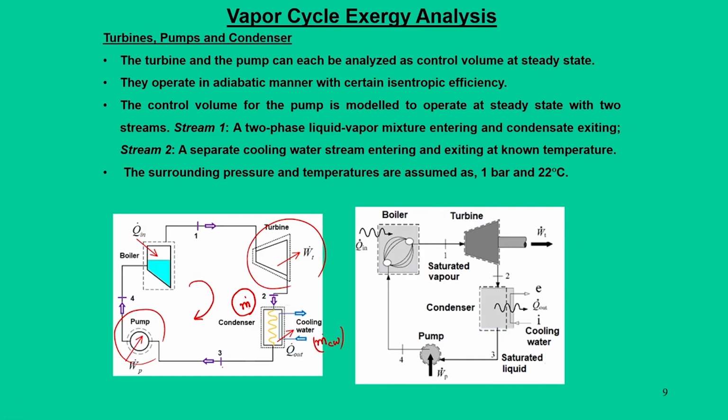So, we can do it in the same way: when you model this, stream 1, a two-phase liquid-vapor mixture, enters and the condensate exits, and the other stream, the separate cooling water, is entering and exiting at known temperatures and pressures. And again here also while modeling this, we assume that it is 25 degrees centigrade and 1 bar.